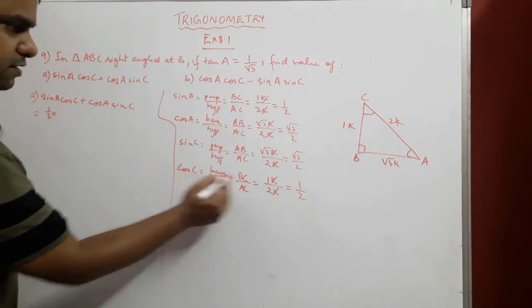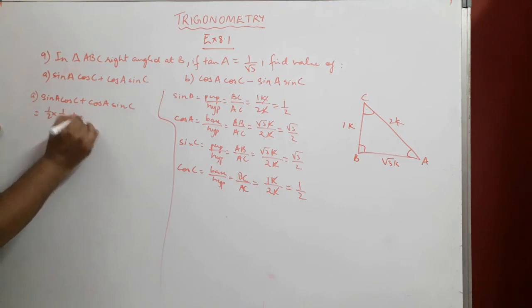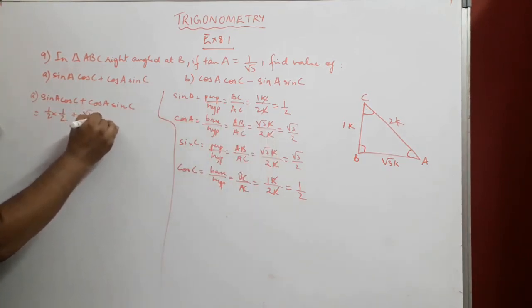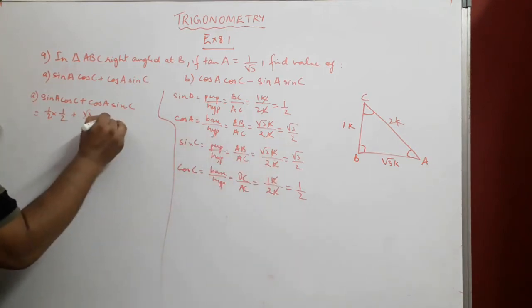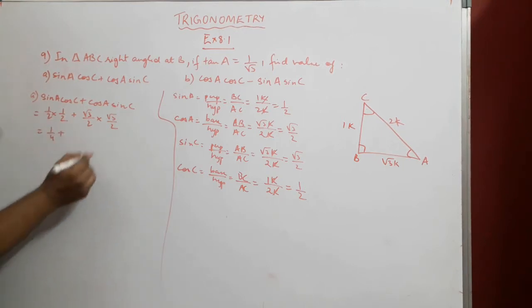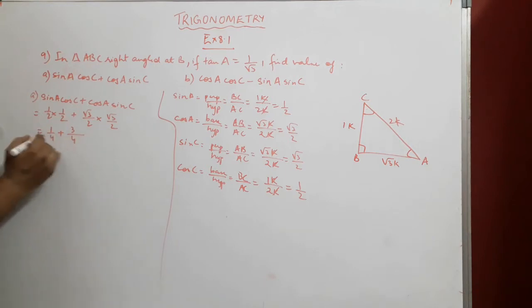Cos C is also half. So half into half, because they are multiplication, plus cos A, which is root 3 upon 2, into sin C, which is also root 3 upon 2. Half into half gives us 1 upon 4, plus root 3 into root 3 gives us 3, 2 into 2 is 4. We can add these two together because the denominators are the same. 3 plus 1 is 4. 4 upon 4 gets cancelled and we get equal to 1, which means the value of this is 1.